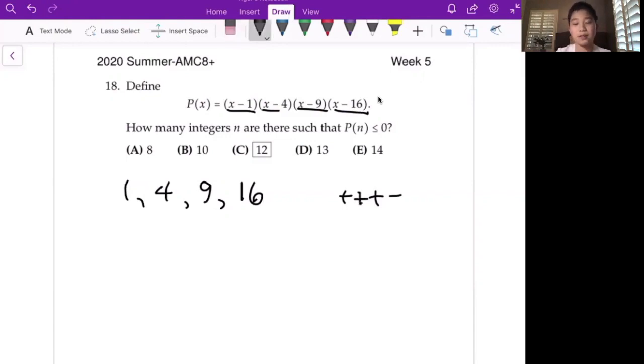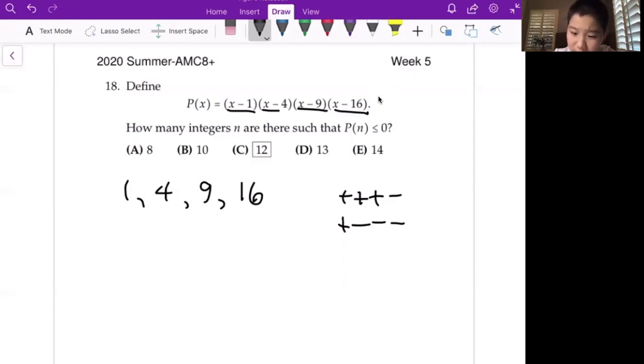No, it's not. And if 1 of them is positive and 3 of them is negative, is it less than 0? Well, yes. And then if all of them are negative, no, it's greater than 0. So we have these two cases to consider other than 1, 4, 9, and 16.